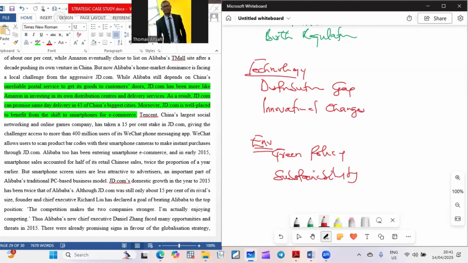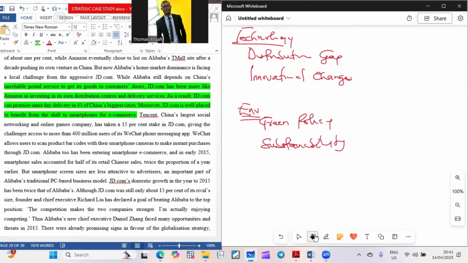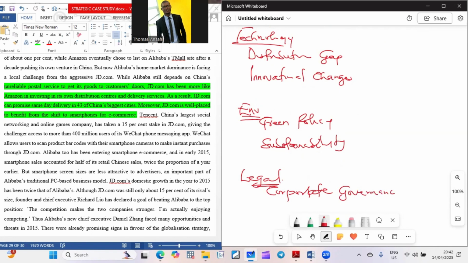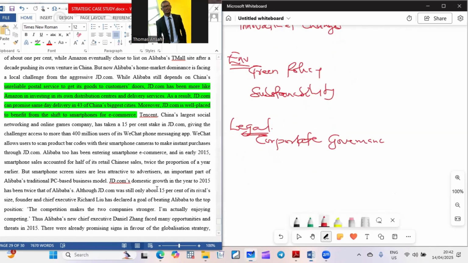Then lastly, I think we have legal, right? As for the legal, we saw it plenty. We had corporate governance issues, because he did something behind the investors' back. So you highlight that one, corporate governance issues. And I think they said he also launched something counterfeit.